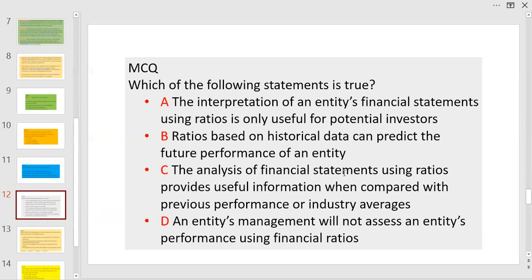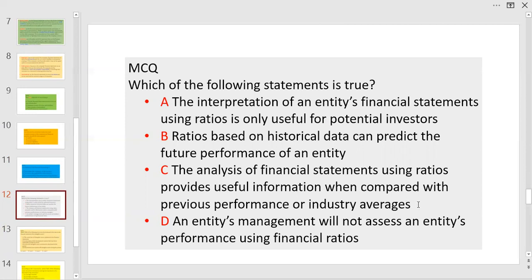D says management will not assess the entity's performance by ratio. On the contrary, they will aim for the entity's performance. Therefore, this statement is also incorrect. Therefore, the answer is C. The analysis of financial statements using ratios provides useful information when compared with previous performance or industrial norms.